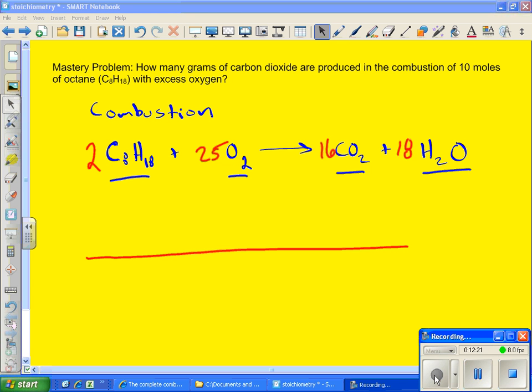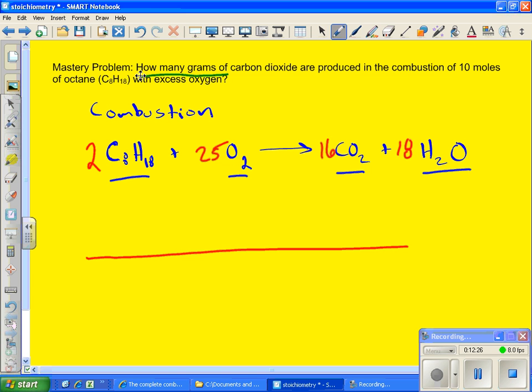Okay, so quickly, what do we want? We want how many grams of carbon dioxide are produced by the combustion of 10 moles of octane. We've got the balanced equation there. So the first thing I'm going to do is start with a known relationship with grams of carbon dioxide. I know, using the periodic table, that there are 44 grams of CO2 per 1 mole of CO2.